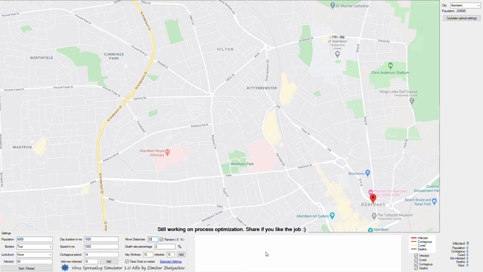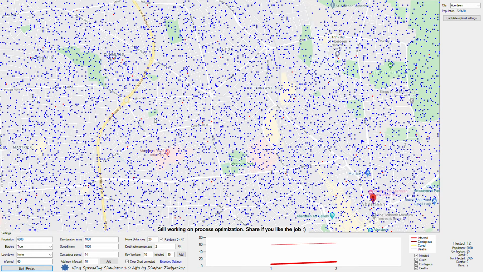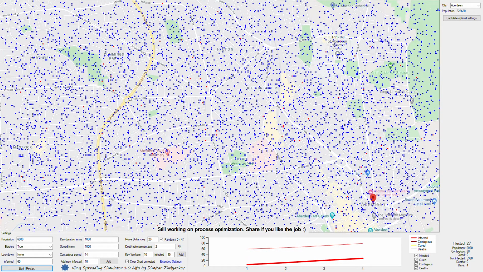And here I've got the graphics. The graphic will show the infected, contagious and cured people. There's a bit of information here, so let's launch it and see what happens.